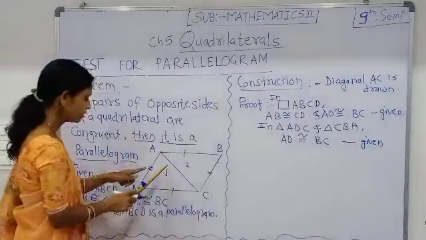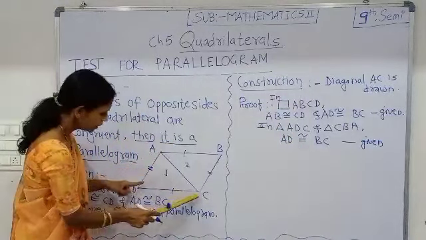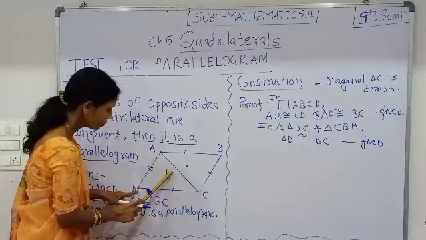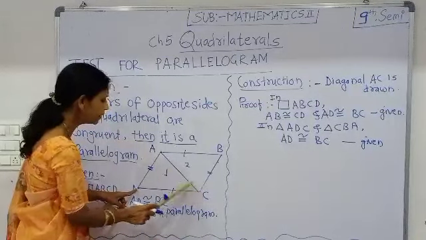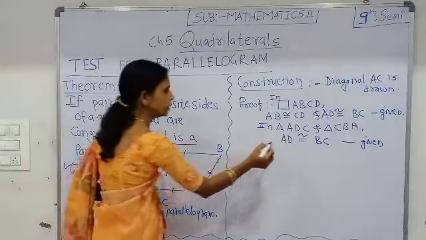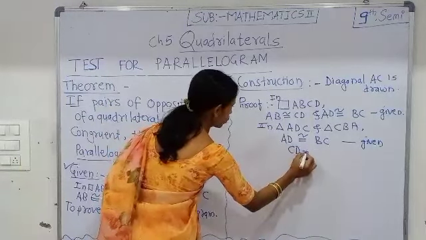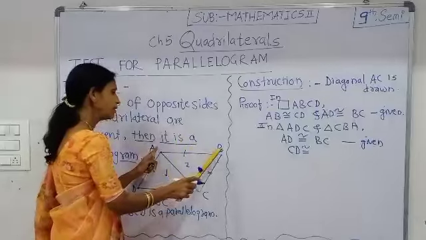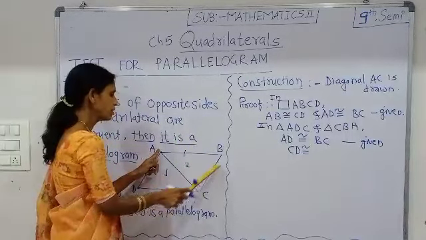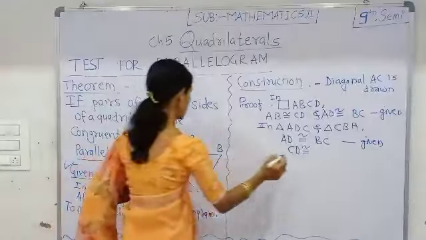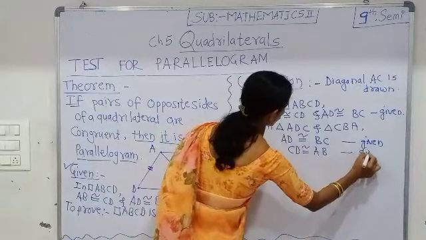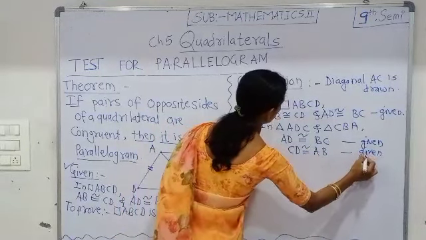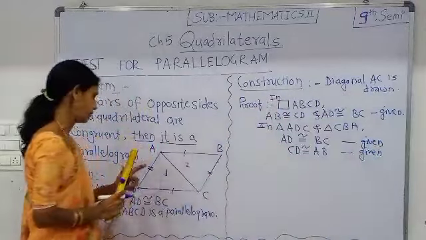Then again see here, this side of triangle ADC, that is CD, is congruent to side AB of triangle CBA, which is also given in the given property.